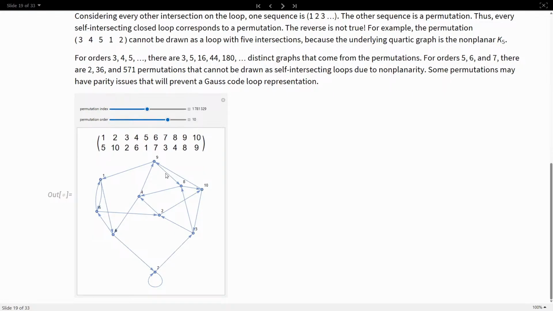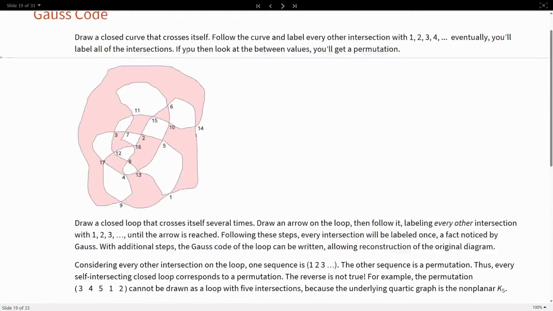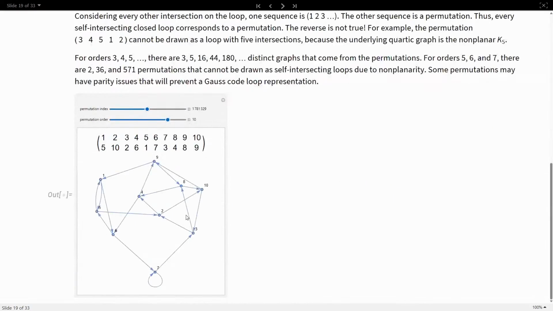Now, one thing I haven't figured out is how to come up with a good closed loop which is faithful to the overcrossing, undercrossing. There's probably a problem here with, for example, I'm going 1 to 5 to 2, but this is not a crossing here.